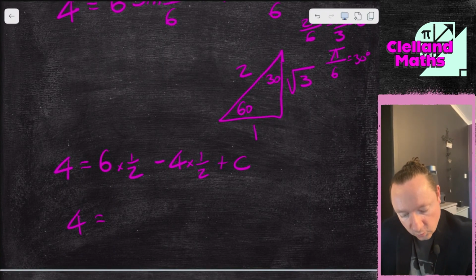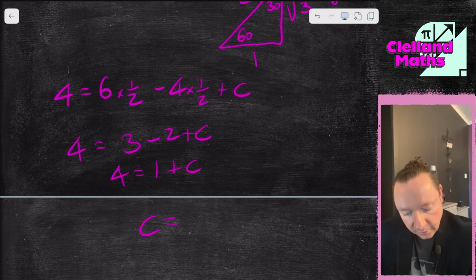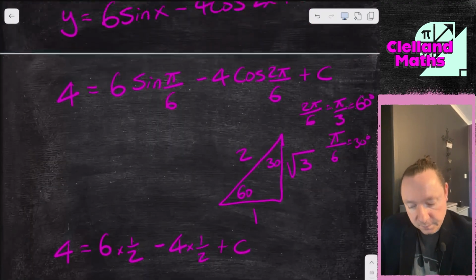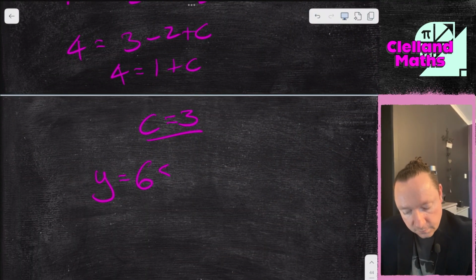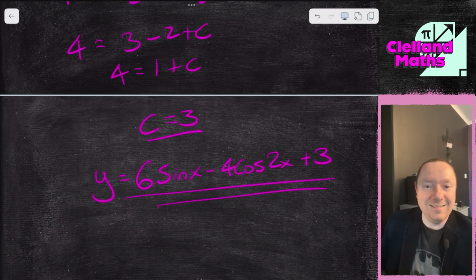So 4 equals 3 minus 4 divided by 2 is 2 plus c. 4 equals 1 plus c. c equals 3. So we can write our y again with the c back in it: 6 sine x minus 4 cos 2x plus 3. And we're done there.